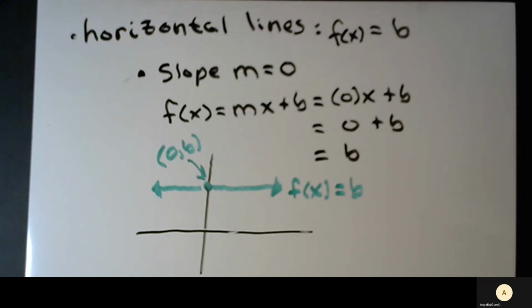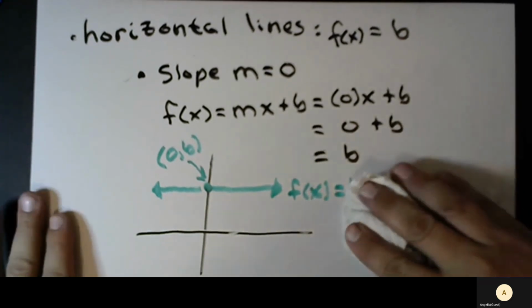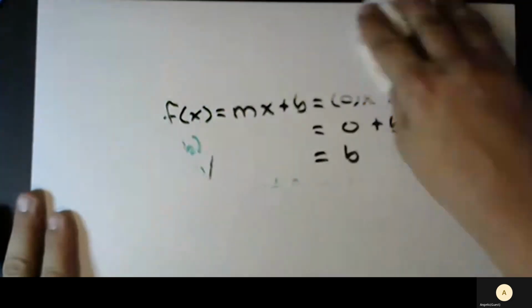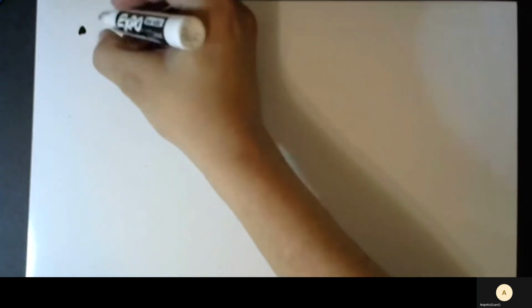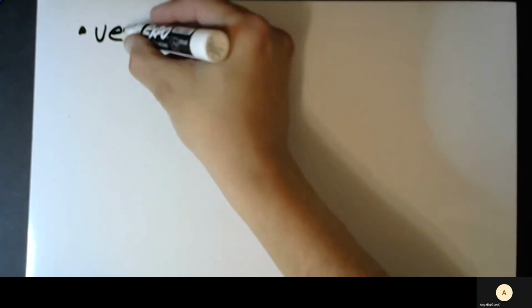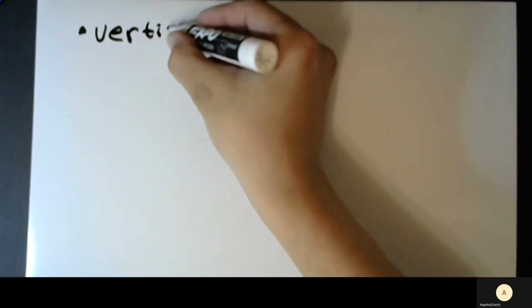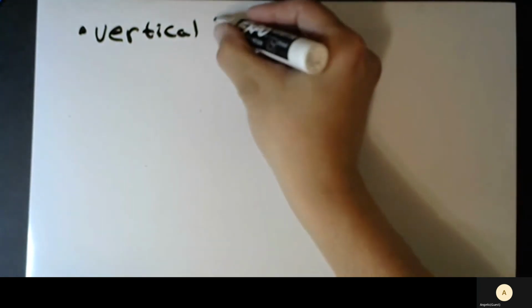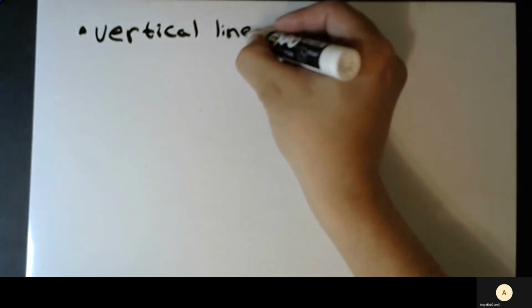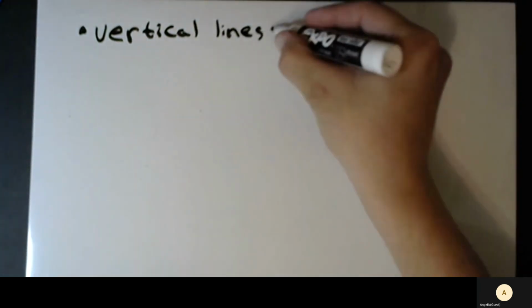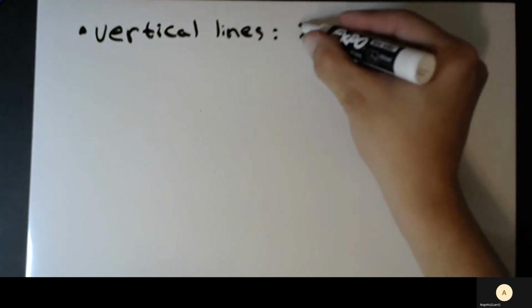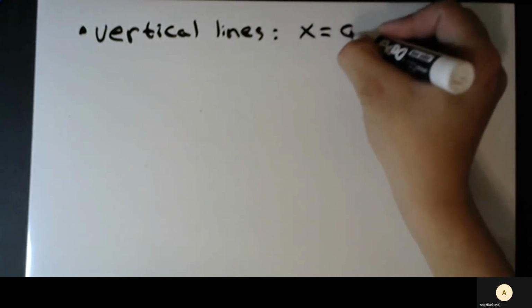All right. So for vertical lines, these are of the form x equals a.